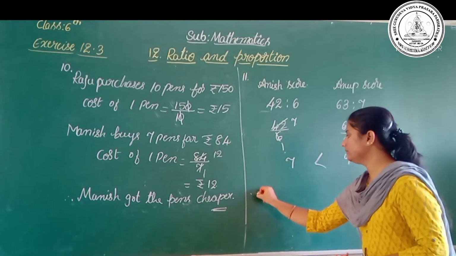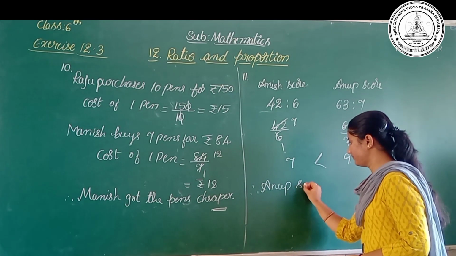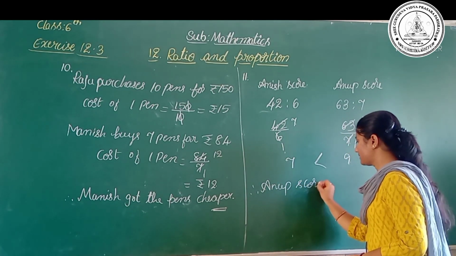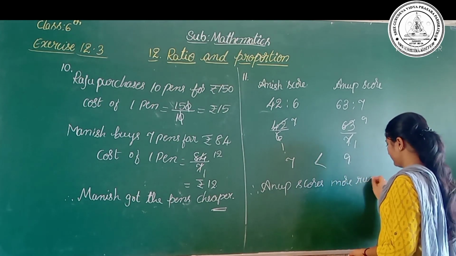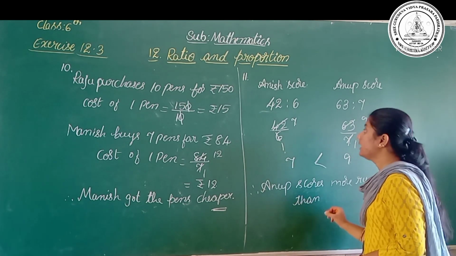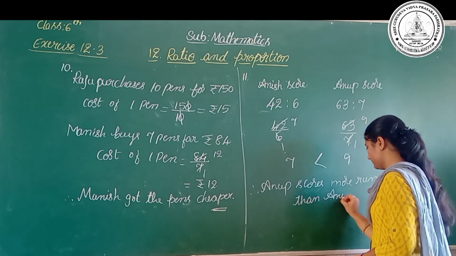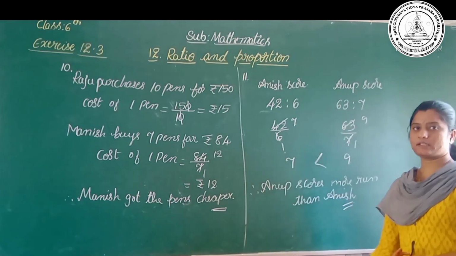Therefore write down here: Anup scores more runs than Anish. That's it. Is it clear?